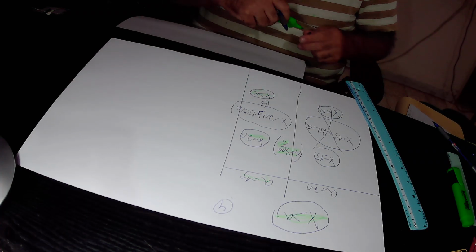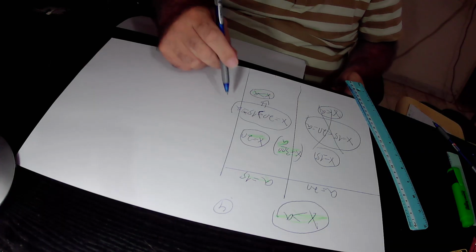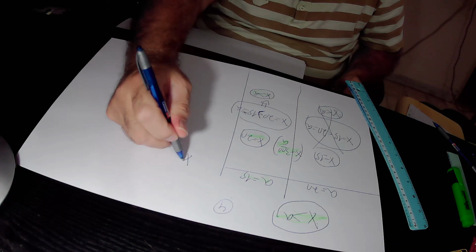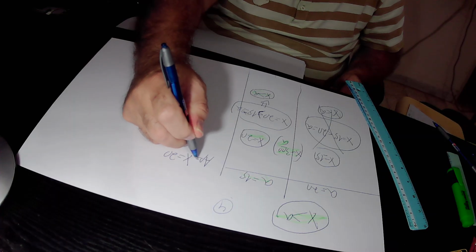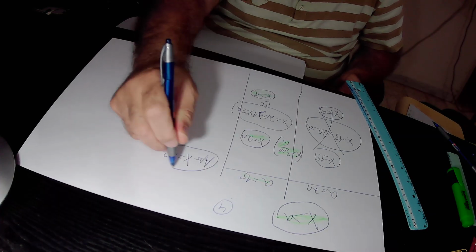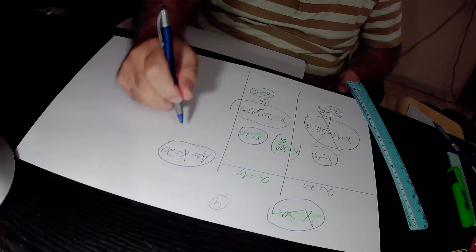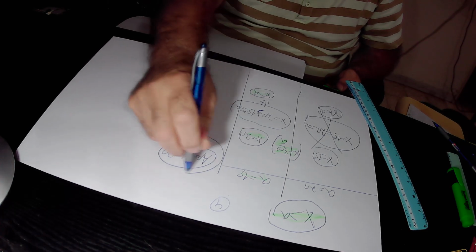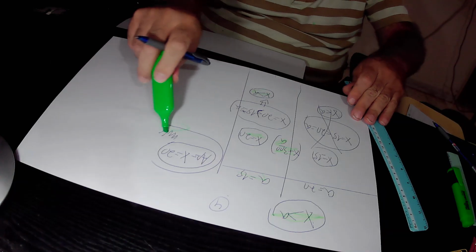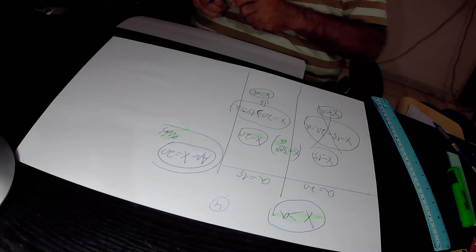So the final answer to the question is that x equals 20 units in its length. So line segment AP equals x equals 20 units in its length.